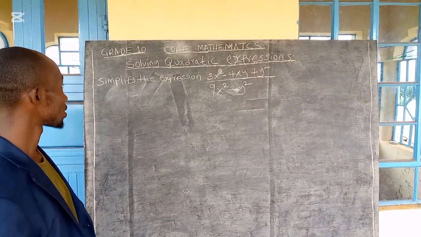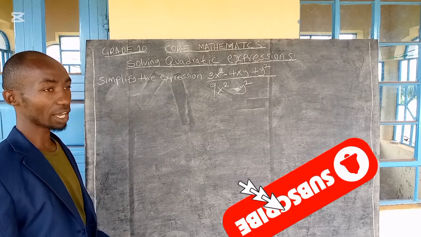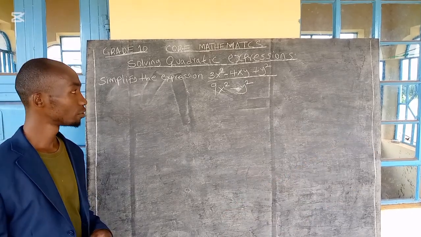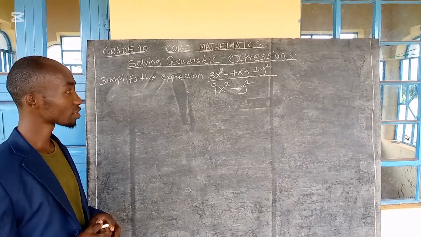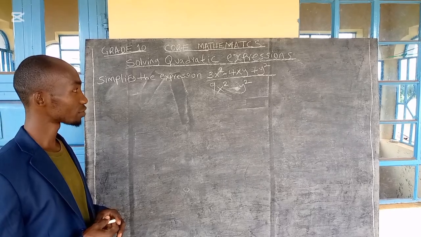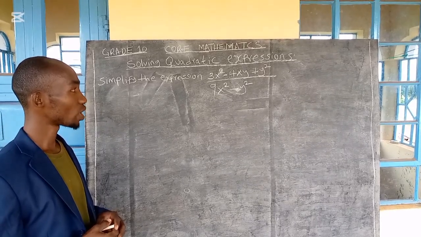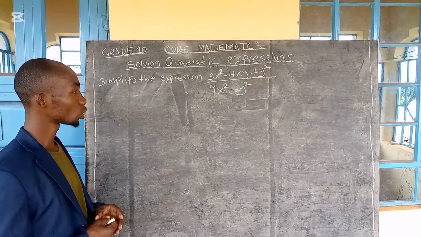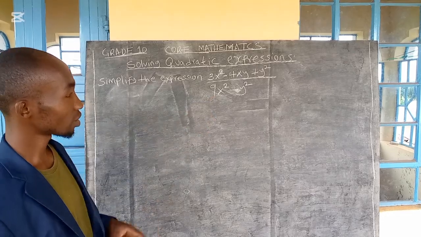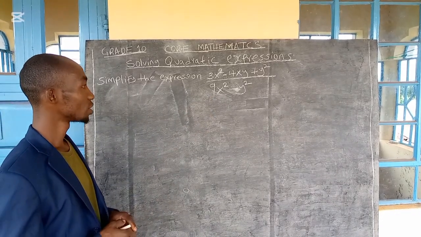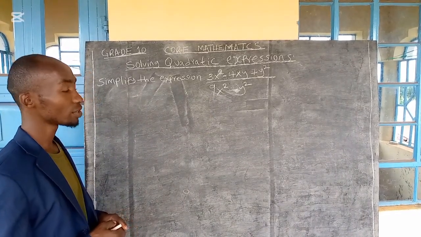The question says: simplify the expression. What we have in the numerator is 3x squared minus 4xy plus y squared, and what we have in the denominator is 9x squared minus y squared.